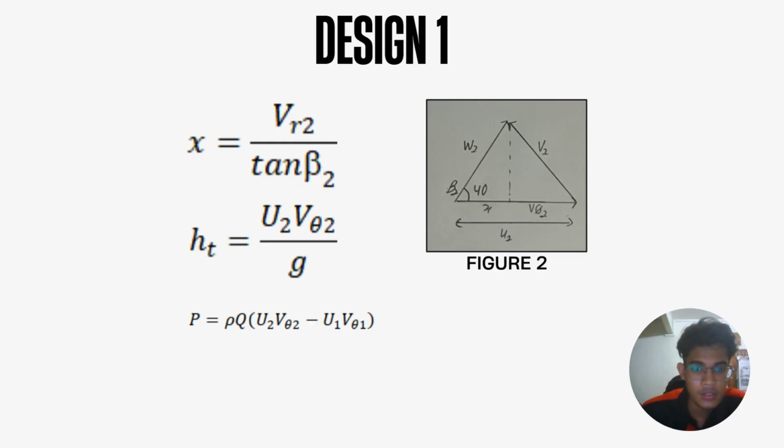And after that, we know the outlet blade velocity is equal to 26.18 meter per second.